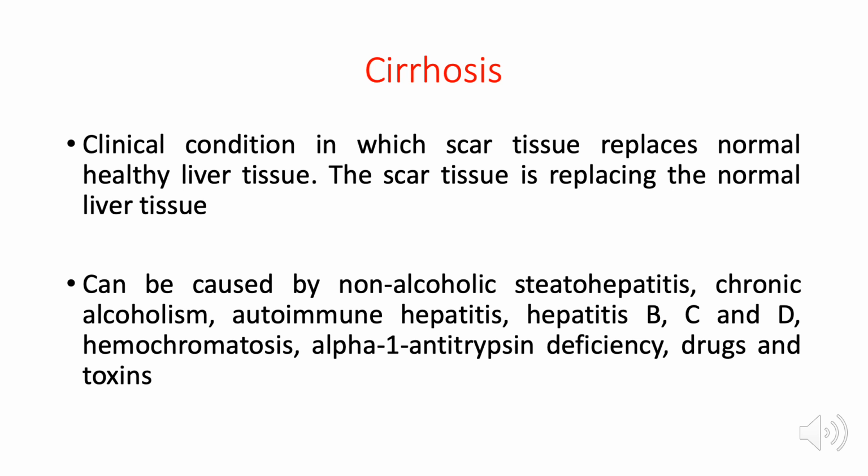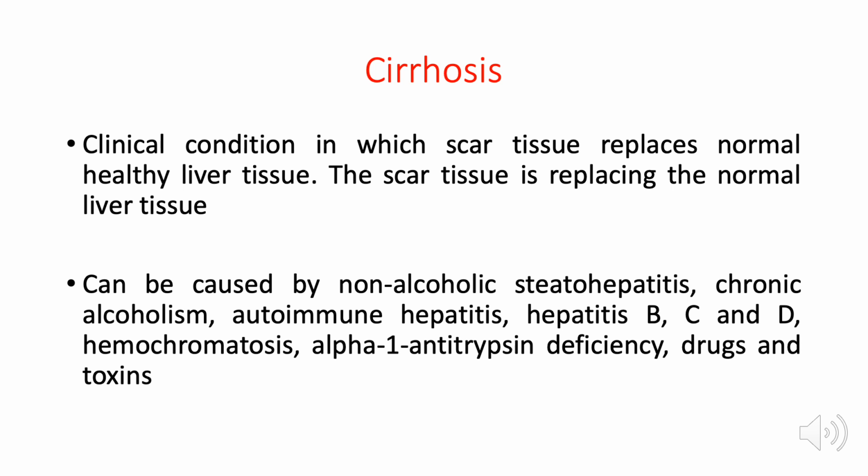It can be fatty liver, also known as non-alcoholic steatohepatitis. It can be because of chronic alcoholism. It can be because of your immune system producing antibodies against your own hepatocytes, and you call that autoimmune hepatitis.